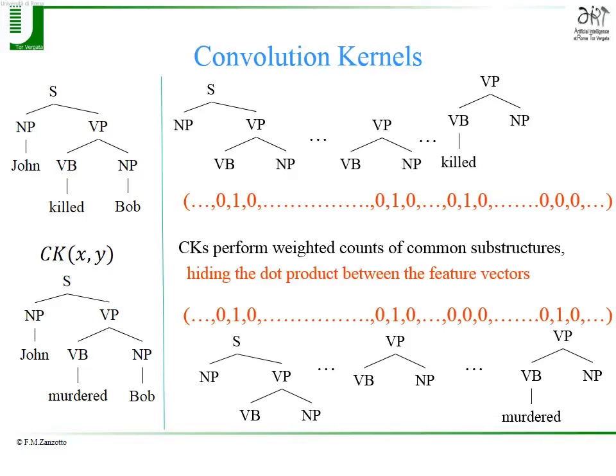For example, the third substructure of the first structure has a 1 on the first vector, that is, it is active, and 0 on the second. It is not a substructure of the second structure. The kernel is then doing, with an algorithm, a hidden dot product of two huge feature vectors. Then it makes possible what is not feasible.